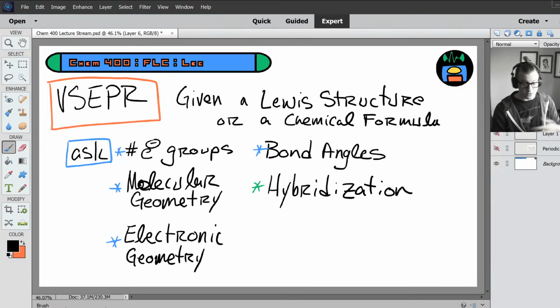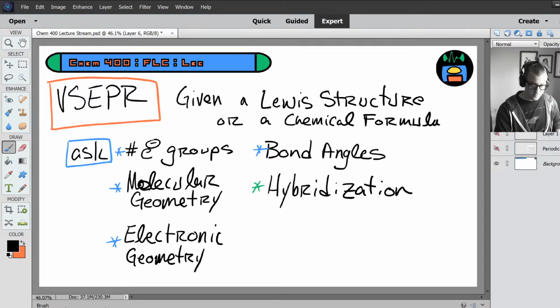If I give you a molecular formula, you'll have to draw your own Lewis structure. And then I can ask you to tell me the electron groups, the molecular geometry, electronic geometry, bond angle, or hybridization. So I highly recommend hitting up the TRO homework for this and just getting a lot of reps in practicing assigning molecular geometries, electronic geometries, bond angles, and hybridization, because that's how you'll be tested.